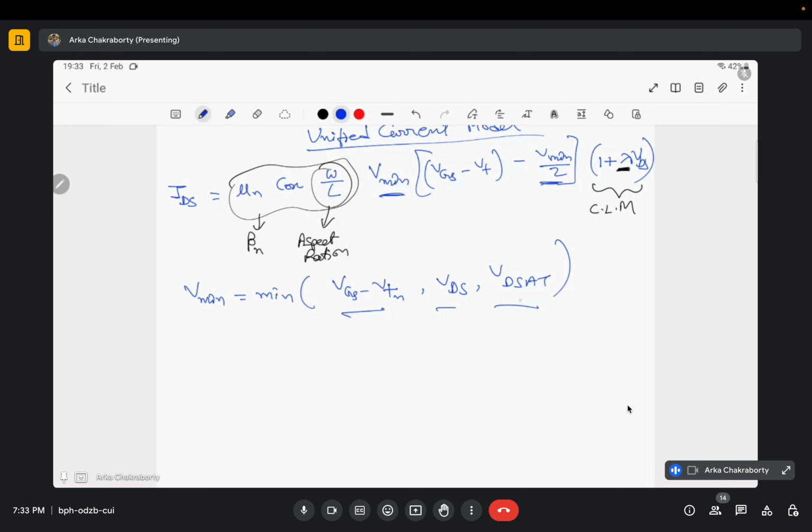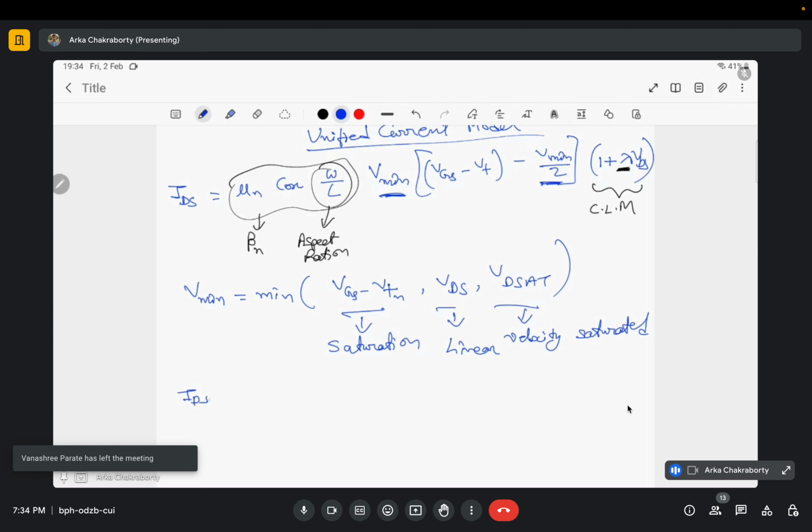And if it is a short channel saturated device, and VDSAT is less than both VGS minus VT and VDS, I replace V min with VDSAT. It's simple. The first is for saturation, the second is for linear, and the third is for velocity saturated devices.